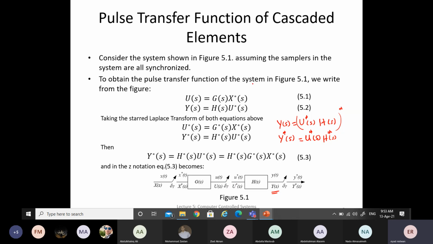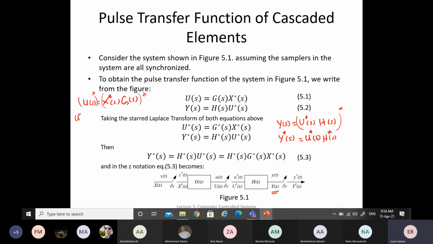So I can write u of s, which is the signal here, as x star of s multiplied by g of s. So this is u of s. But what I want is u star of s, so I can take the asterisk, or the star, for all of this.